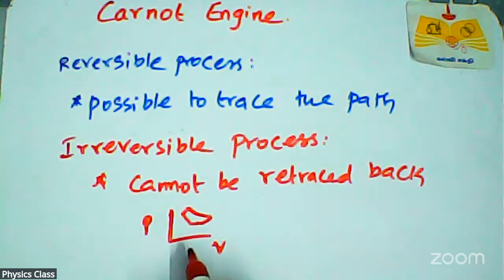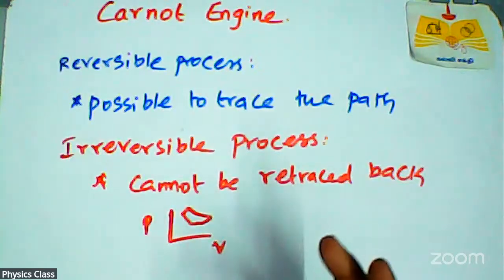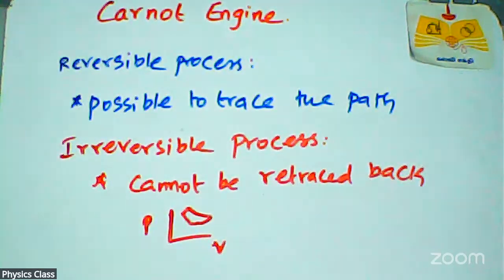But for an irreversible process, we cannot plot a PV diagram, because the process cannot have unique values of pressure and temperature at every stage. One stage may be at high temperature, another stage at low temperature, so the values are not constant. In other words, it does not have unique values. So all natural processes are called natural irreversible processes.